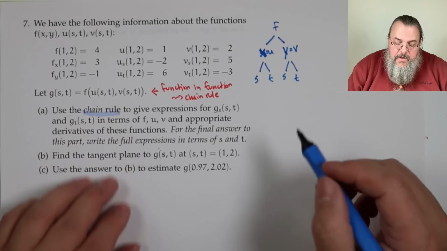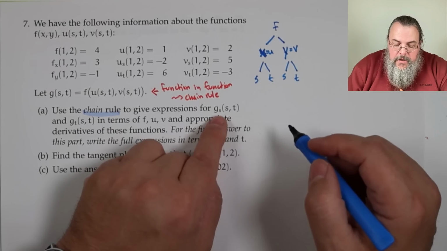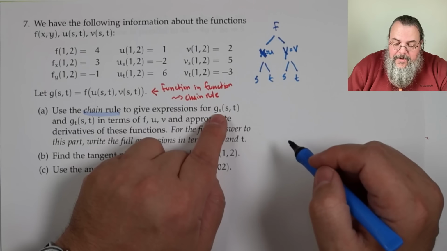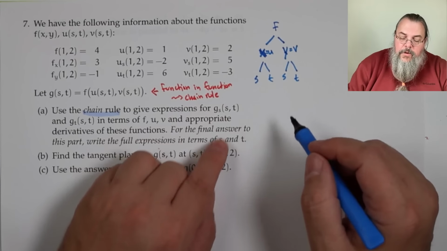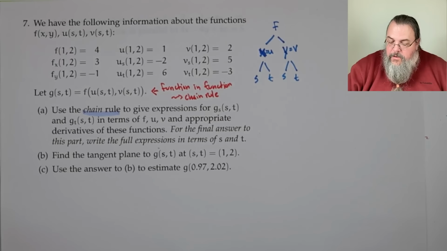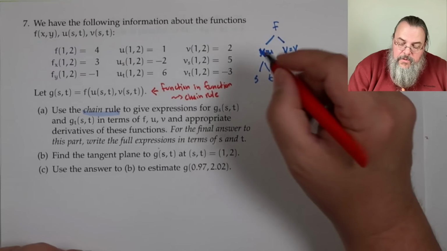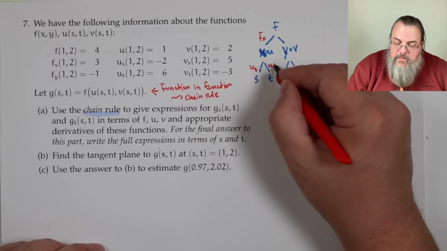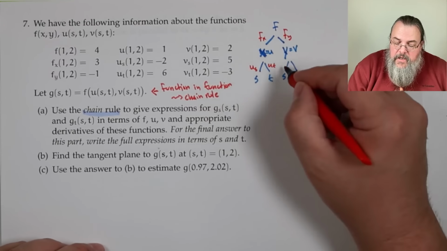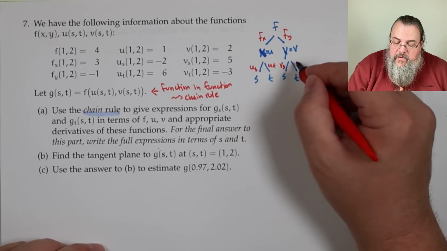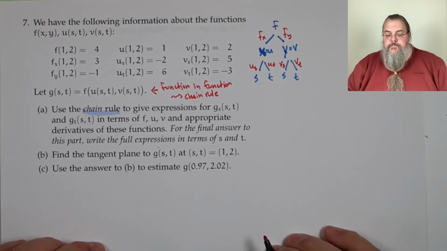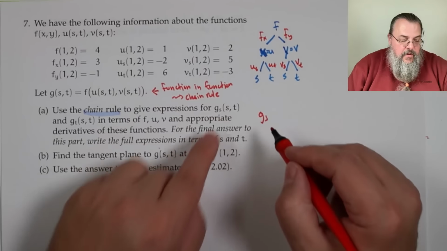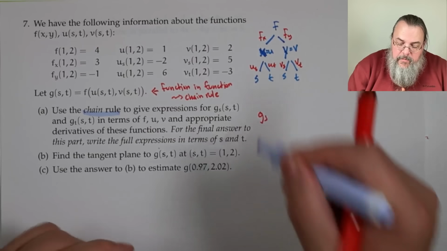So, if I want to understand what's happening when we talk about the derivative with respect to s, well, in that case, we have some pieces. Now, I'm going to mark these derivatives here. We have our f_x, u_s, u_t, f_y, v_s, and v_t. So, g_s, I'm looking at where do I see some s's.